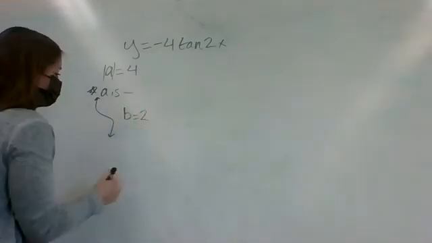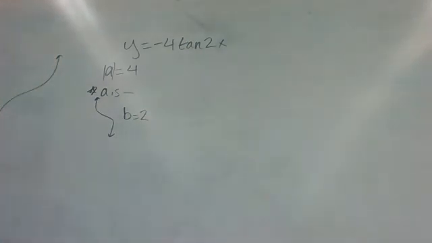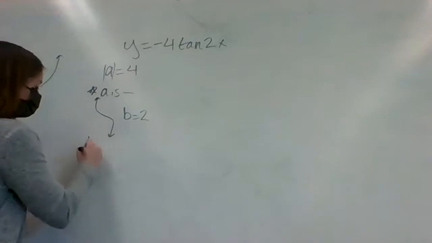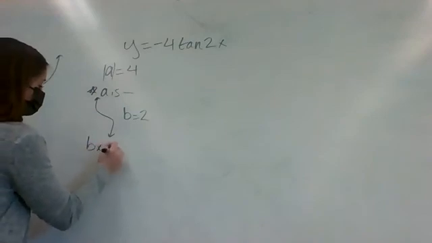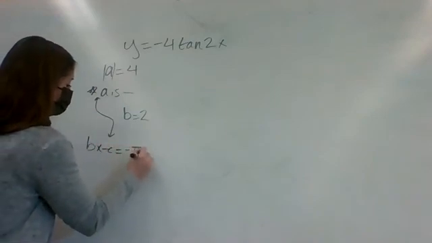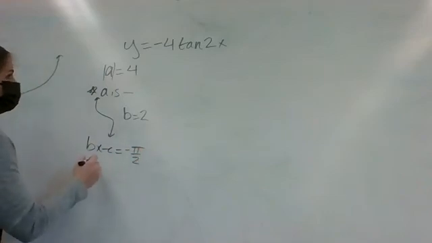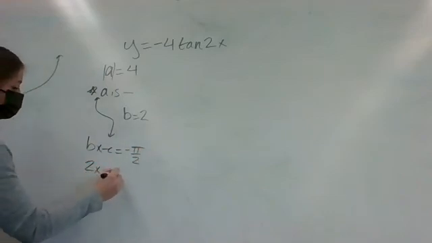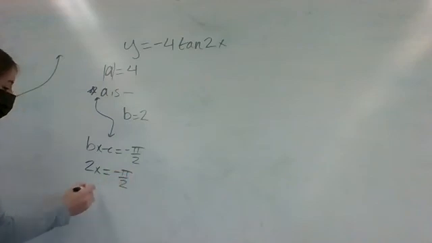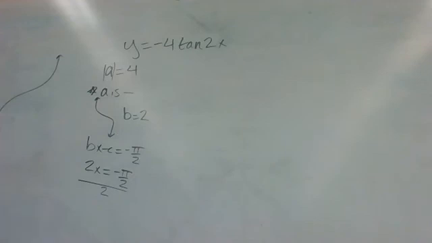B value is 2. So because we have a B value and that's not 1, we do have to find where these new asymptotes are going to be. So we're going to take bx minus c, again, equals pi over 2. So in this case, 2x equals negative pi over 2. We're going to divide by 2. This is one that some people have trouble with because we're dividing a fraction by a whole number.